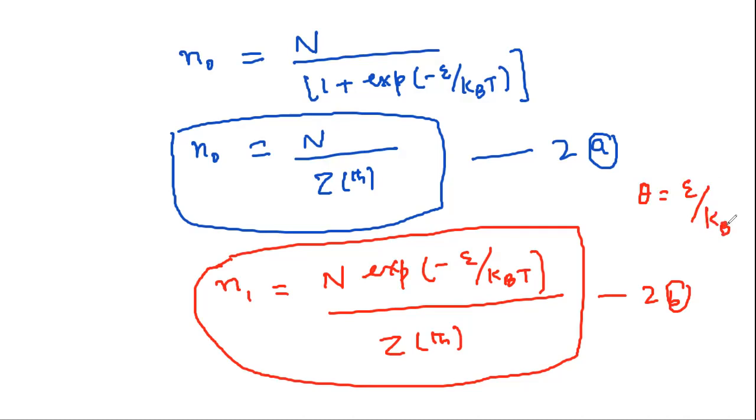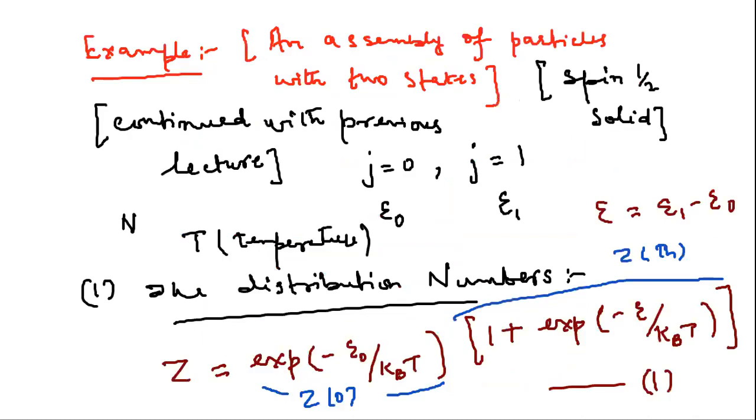So we will continue today with that lecture. So today we want to first figure out the expression for the internal energy of this system. So first we discussed the distribution numbers. Now we will discuss the internal energy U.